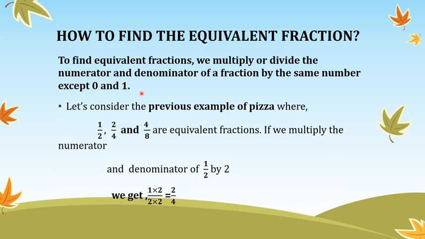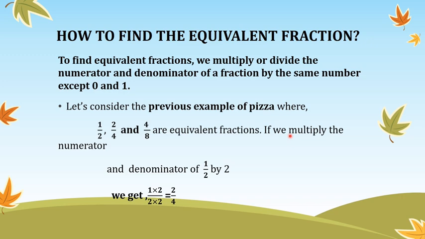Now let's consider the previous example of pizza where Rohan invited his friends for a pizza party and the mother made 3 pizzas, and Rohan had half of the pizza, the first friend had 2 parts out of 4 parts and the second friend had 4 parts out of 8 parts, and then we found that they all were equivalent fractions.